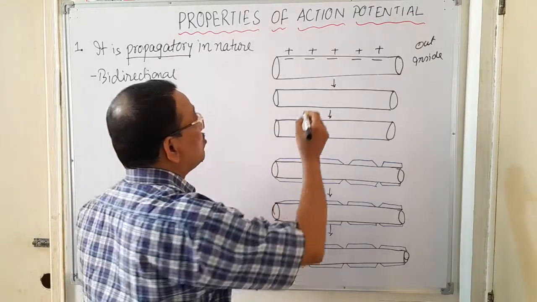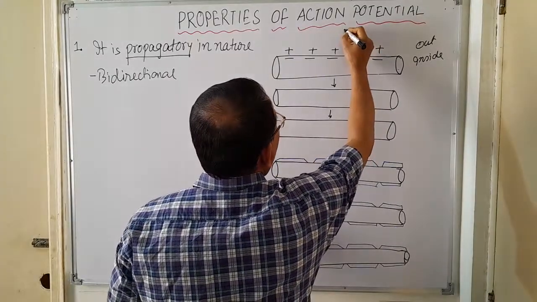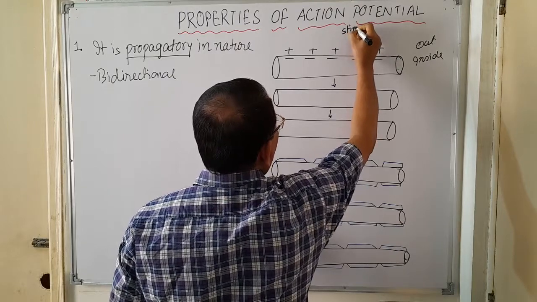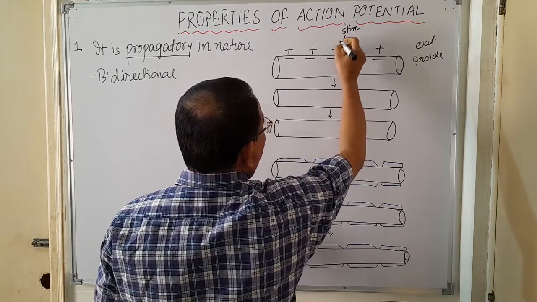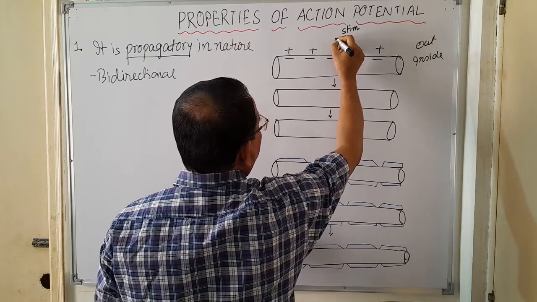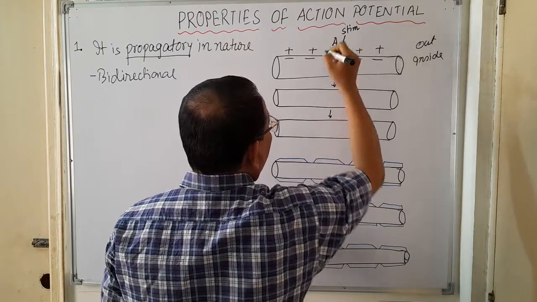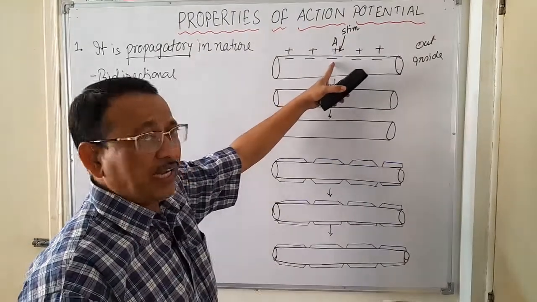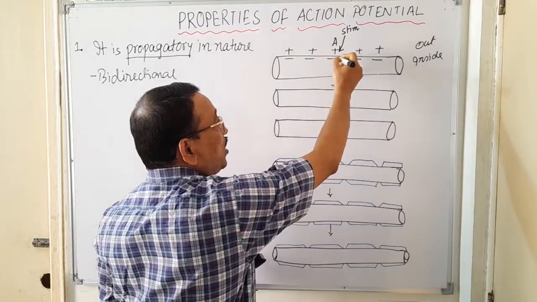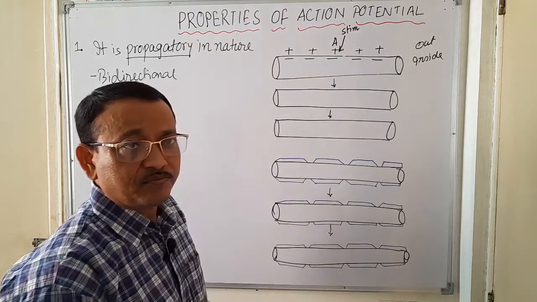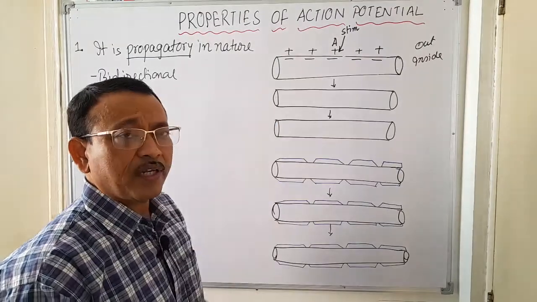Now if a stimulus of threshold intensity is applied at this part, suppose this part is labeled as A. At that particular part A, the stimulus of threshold intensity is applied. Now what happened?